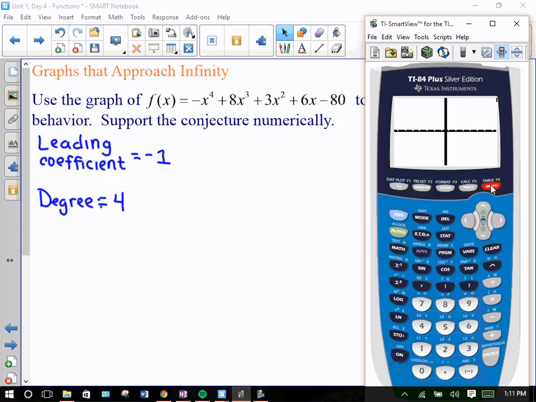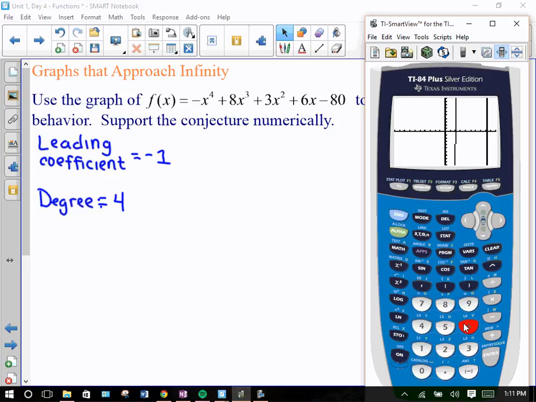Okay, graph. Alrighty. I'm going to change this around. So first of all, I'm going to start there and see what it looks like. Okay, so that doesn't show me much of the graph.